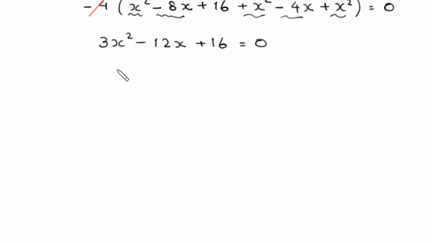Now this quadratic equation is not factorable, so we solve it by quadratic formula. In this equation, a is equal to 3, b is equal to negative 12, and c is equal to 16.